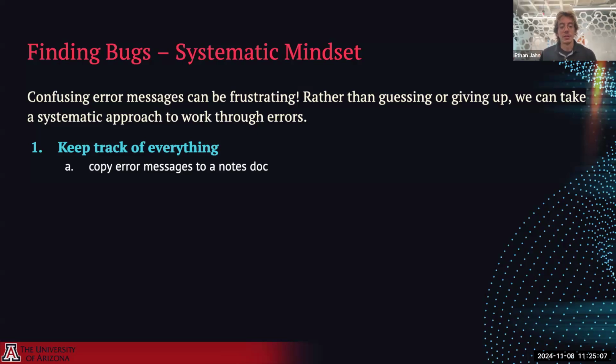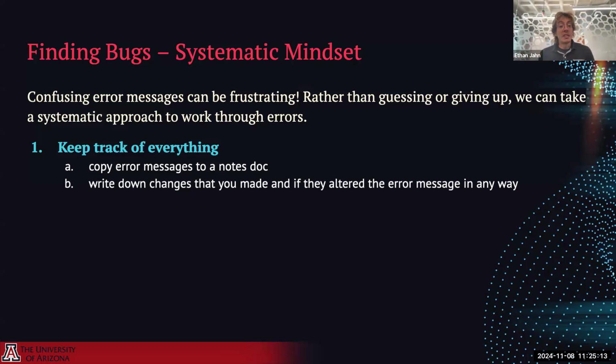That way you just have it sitting around and you can keep it around until you don't need it anymore. Write down the changes that you made and if they altered the error message in any way. This will help you keep track of what types of changes are helpful for different types of bugs and which types of changes are not helpful for different types of bugs.